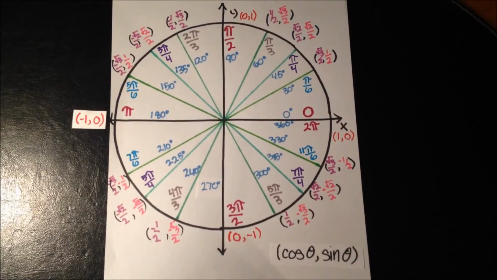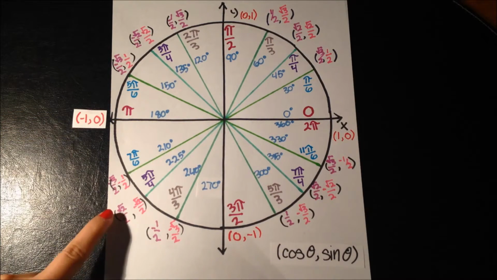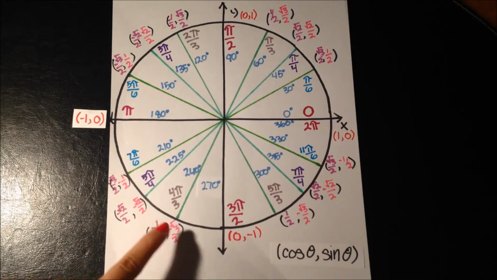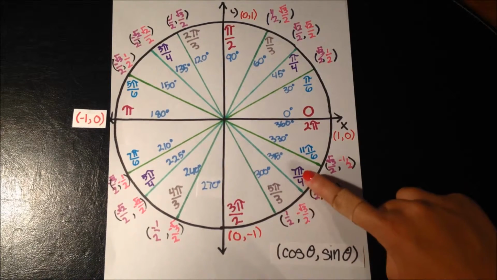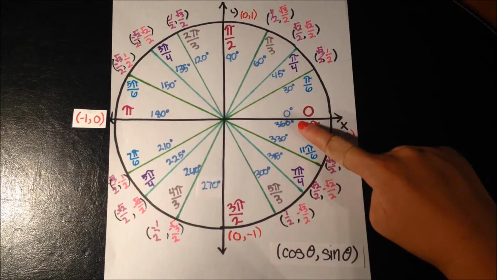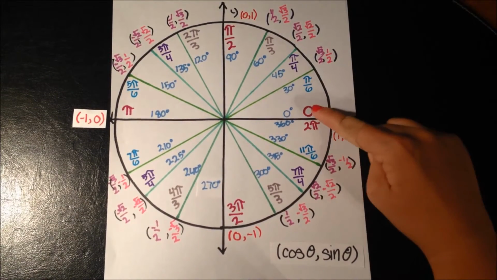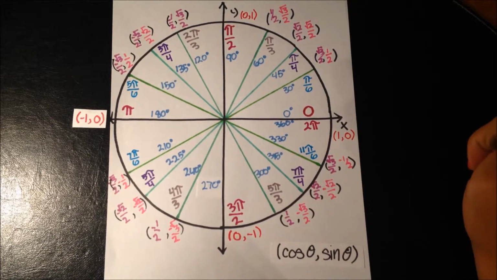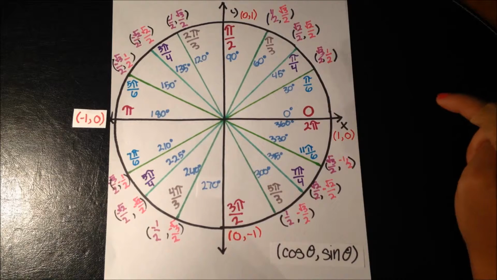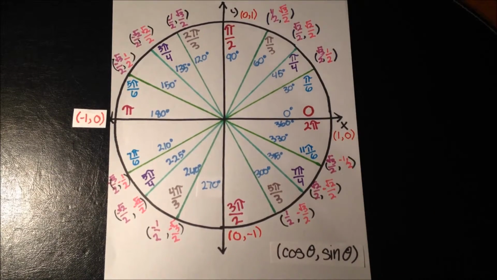Then we have 120, 135, 150, and 180. Then 210, 225, 240, 270, 300, 315, 330, and 360. Notice how 0 and 360 and 0 and 2 pi are in the same place. That is because the circle begins and ends in the same place.